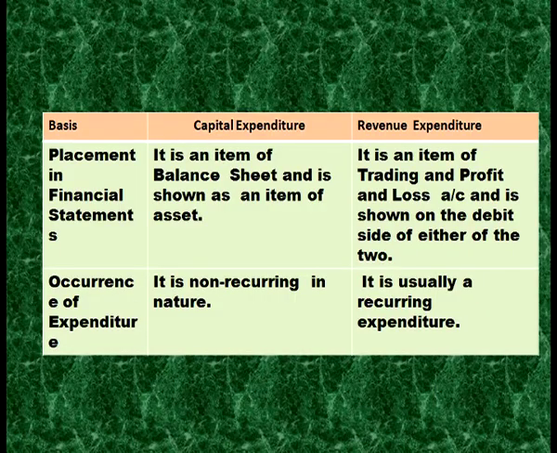Capital expenditure is an item of the balance sheet and is shown as an asset in the balance sheet, whereas revenue expenditure is an item of the trading and profit and loss account and is shown on the debit side of either of the two. If you see the occurrence of the expenditure, capital expenditure is non-recurring in nature, whereas revenue expenditure is usually recurring in nature.